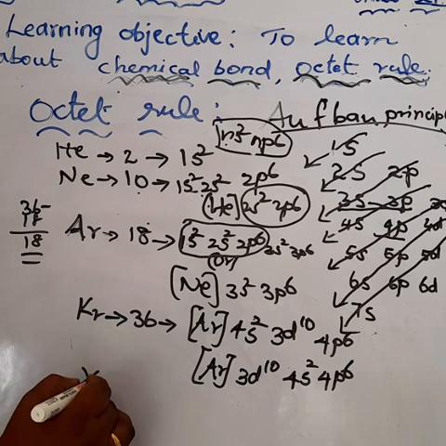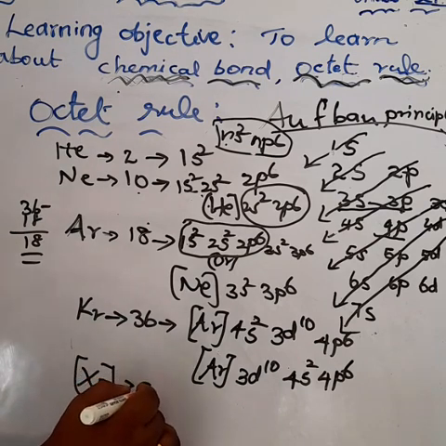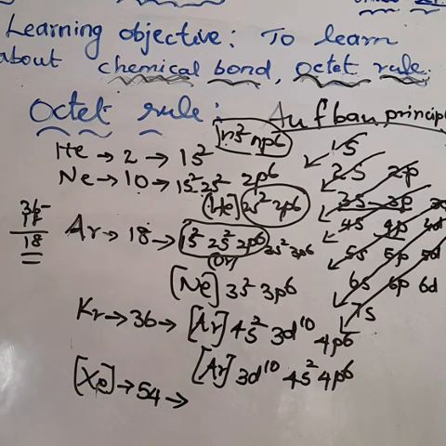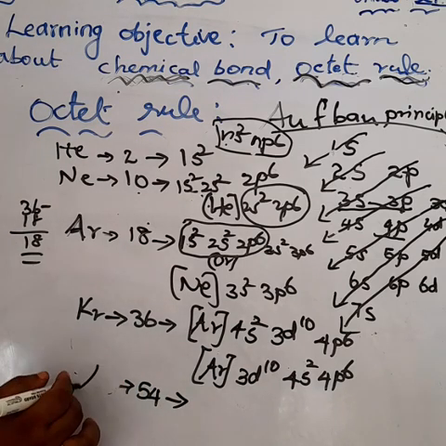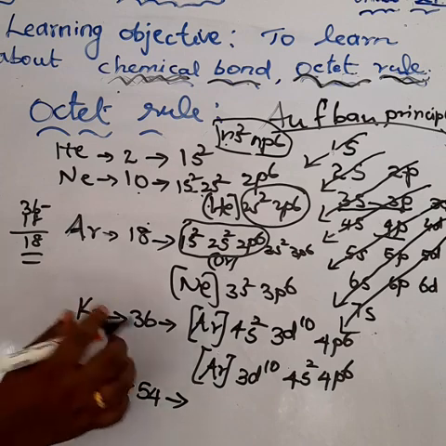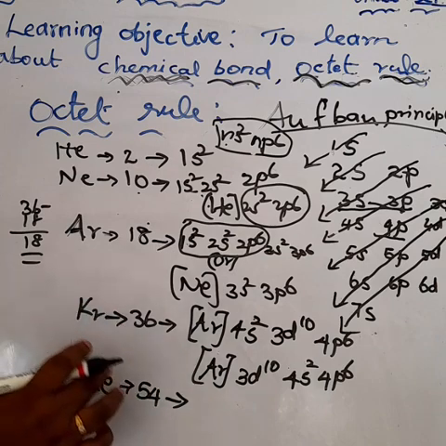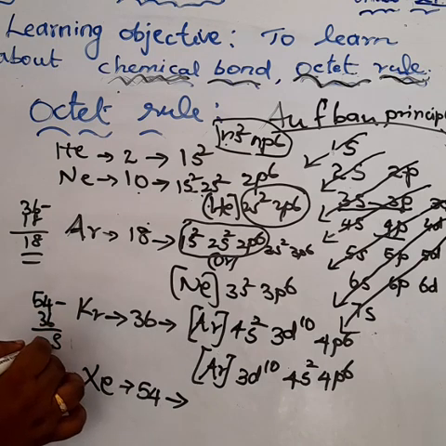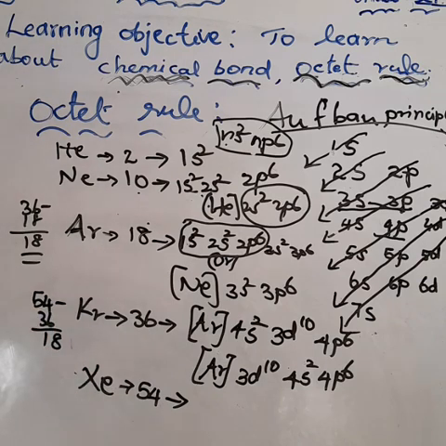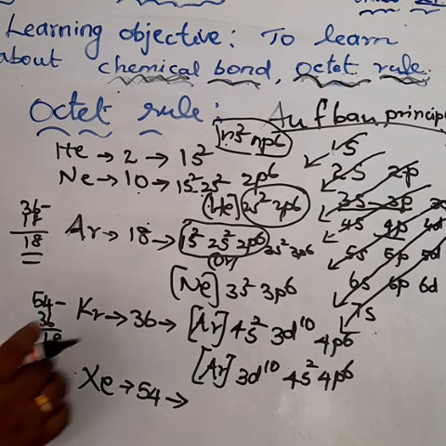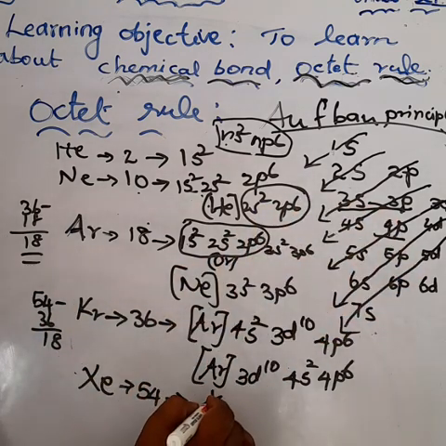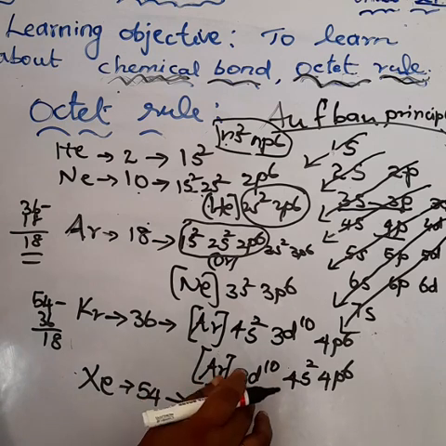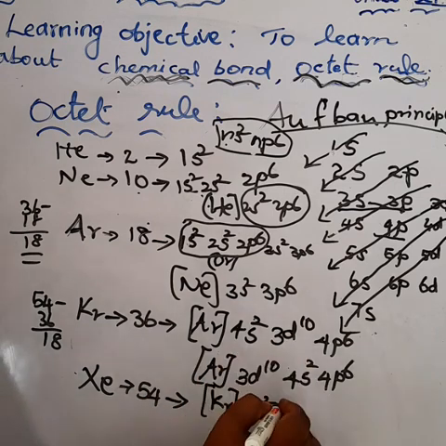And then xenon. Xenon atomic number 54, so number of electrons 54. The nearest noble gas is krypton, and the remaining electrons are 54 minus 36, 18 electrons. After 4p6 comes 5s2, 4d10, then 5p6.